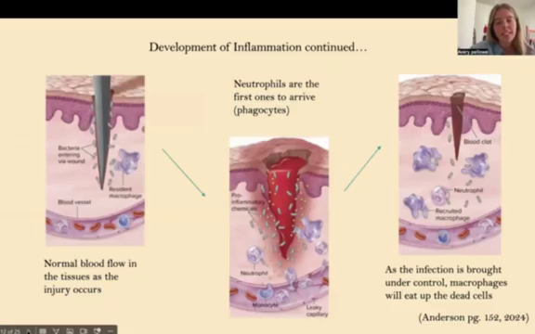All right, and then this is just going to be the development of inflammation continued. Once inflammation is triggered, immune cells start to move into the infected and injured tissue. The first responders are going to be our neutrophils, and they'll arrive super quick and engulf bacteria and debris. And then as the infection starts to resolve, macrophages will arrive next. They'll help clean up all the dead cells, and then the tissue will begin to heal.